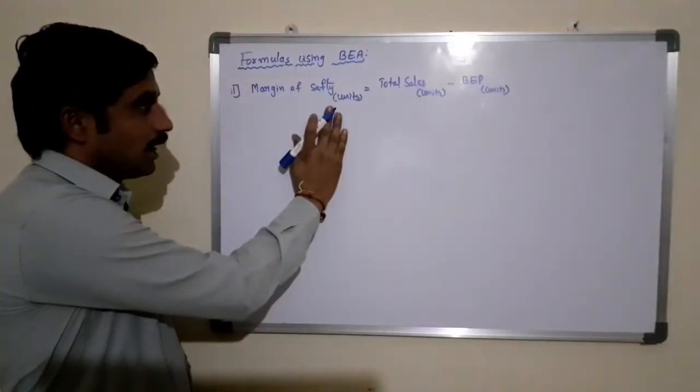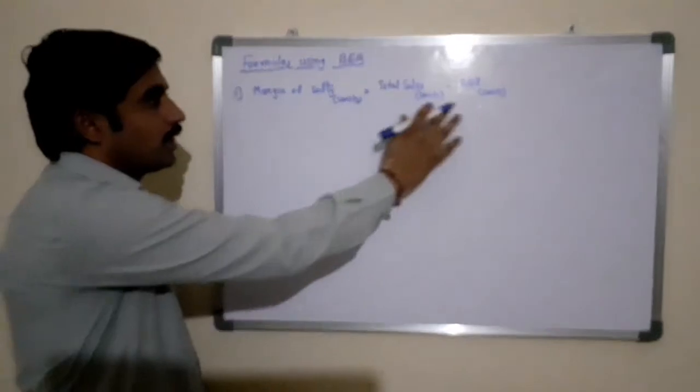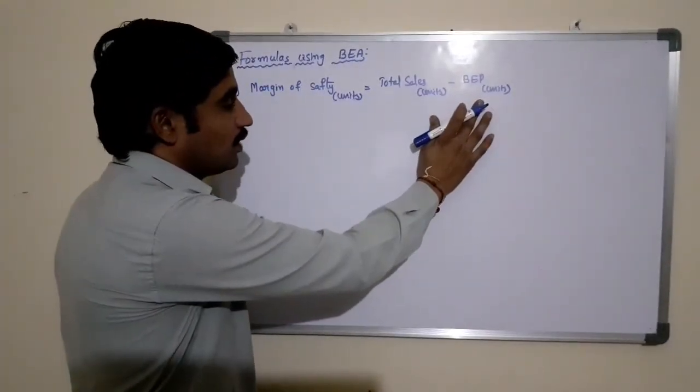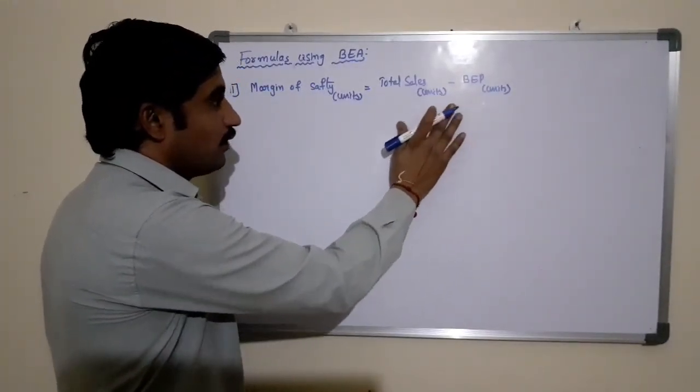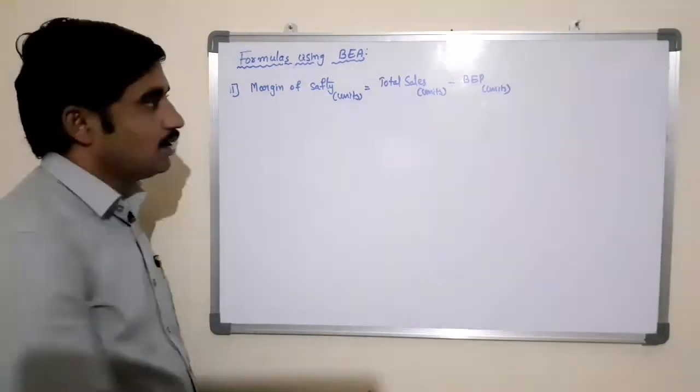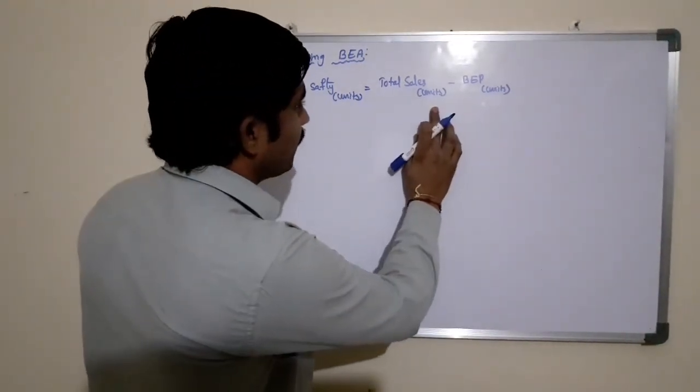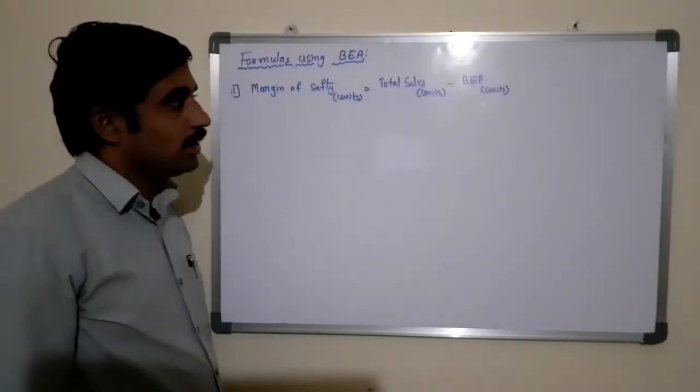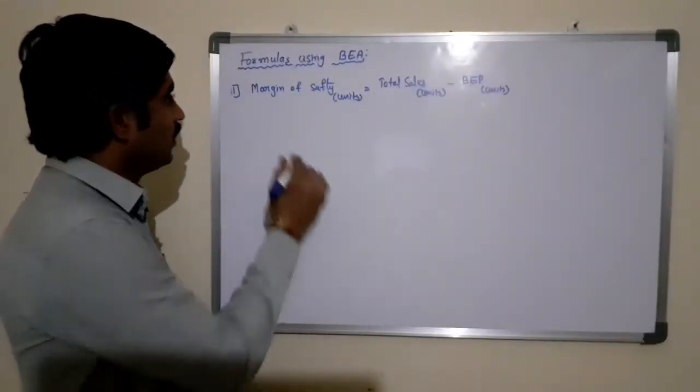I am repeating, margin of safety is the excess of the total sales over and above the break-even point sales in terms of units and value. To determine margin of safety in units, you can use this formula: total sales in units minus break-even point in terms of units.